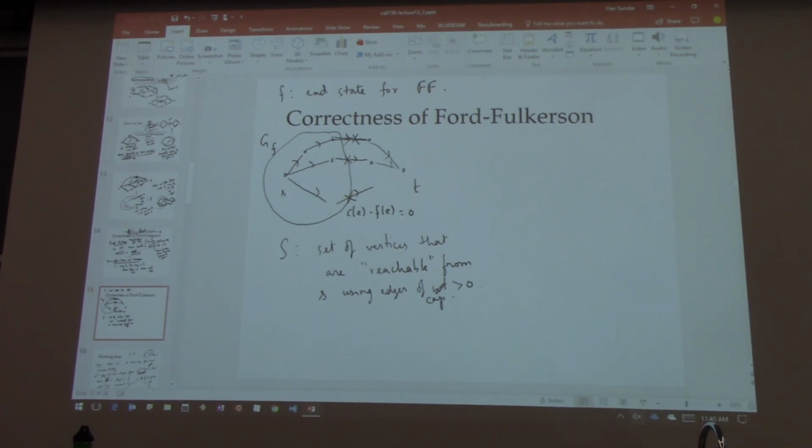There are two observations. T is not in S; if it were, you could have found an augmenting path, and by definition there is none. And all edges out of S have C of E equals F of E.